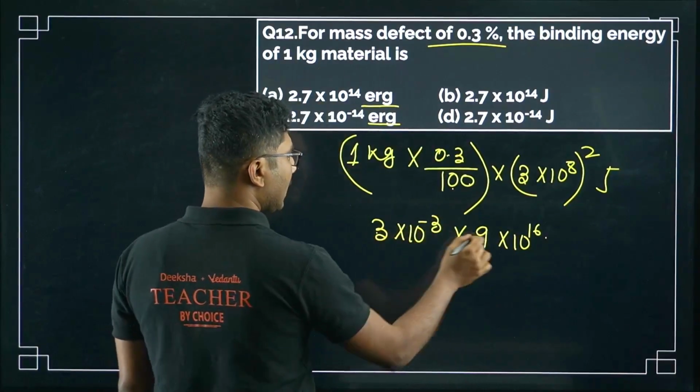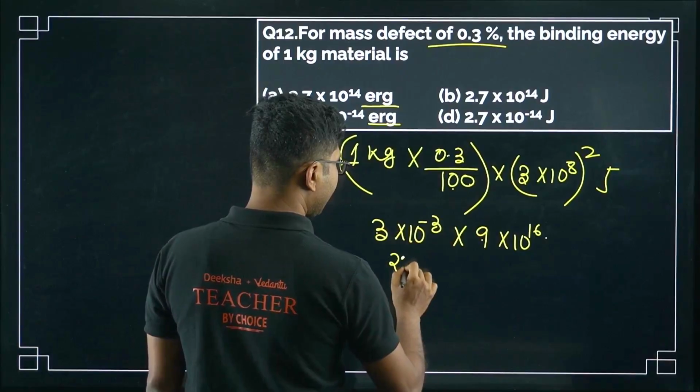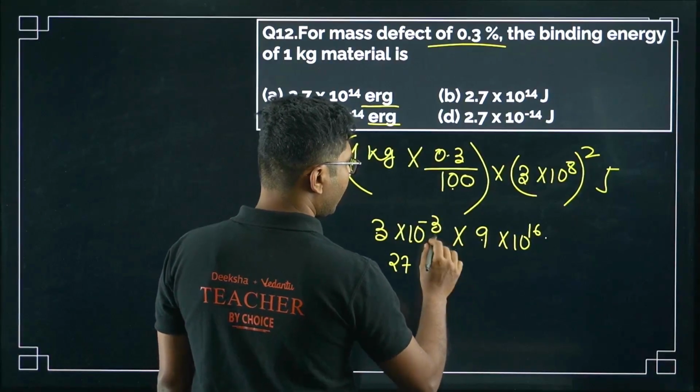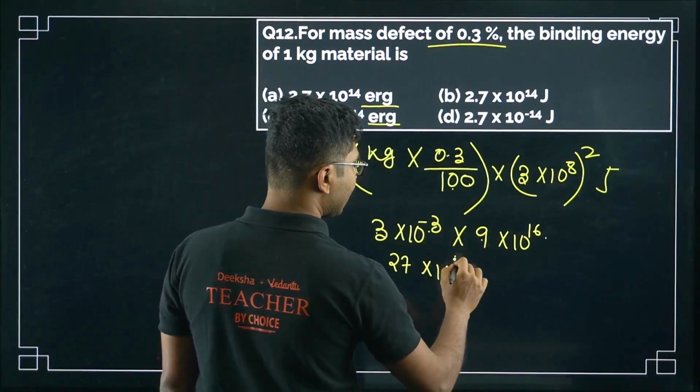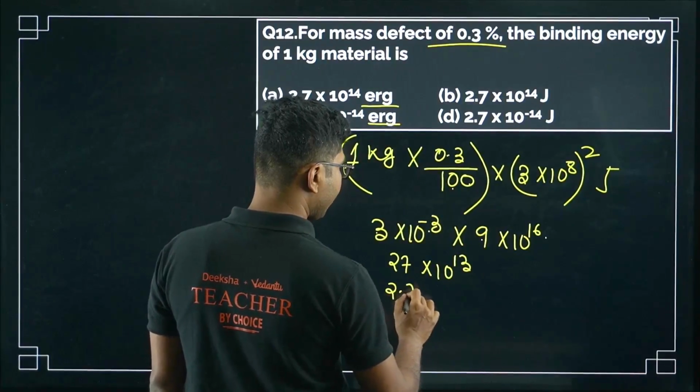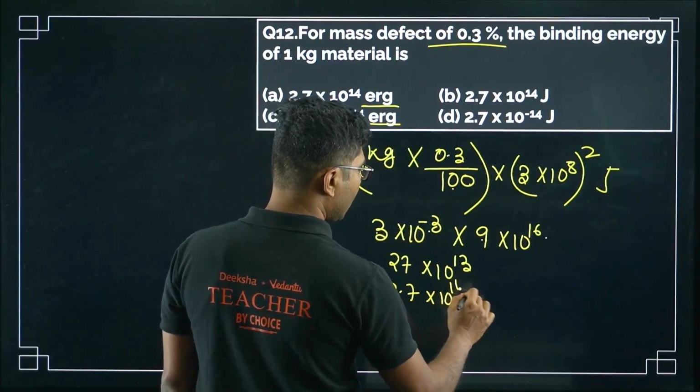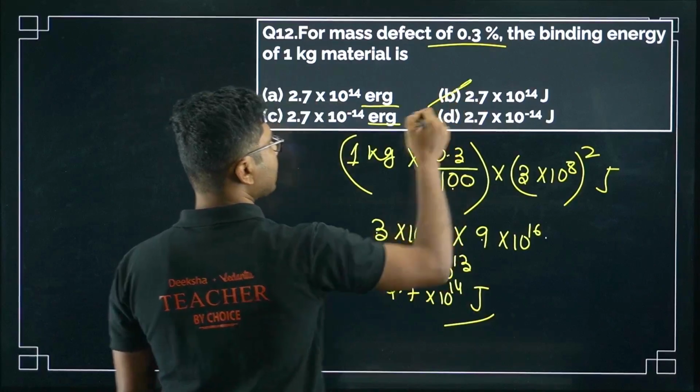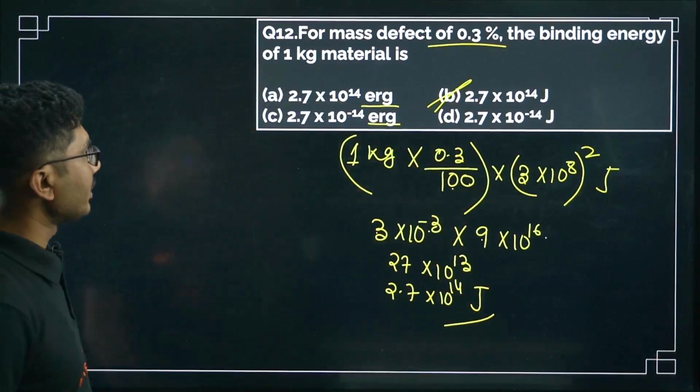So 3 9s are 27 into 10 to the power of minus 3 plus 16, 13, or 2.7 into 10 to the power of 14 joules. So correct answer is 2.7 into 10 to the power of 14 joules.